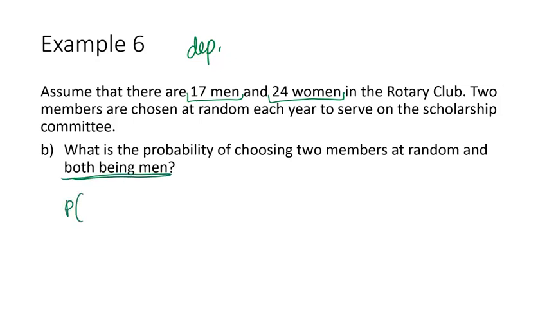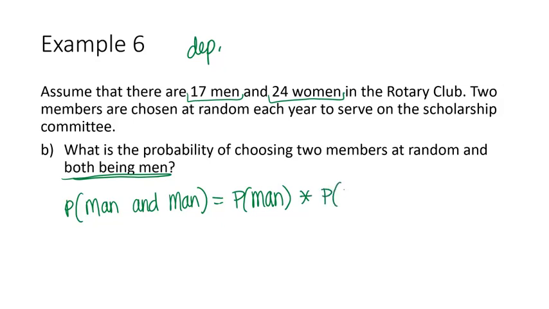So what's the probability of choosing a man first and a man second? The rule says I can look at the probability of just the first man and tells me to multiply by the probability of the second man given the first has been selected already.